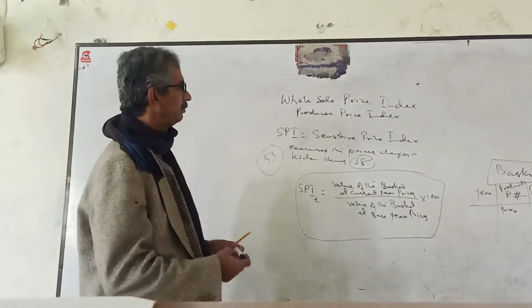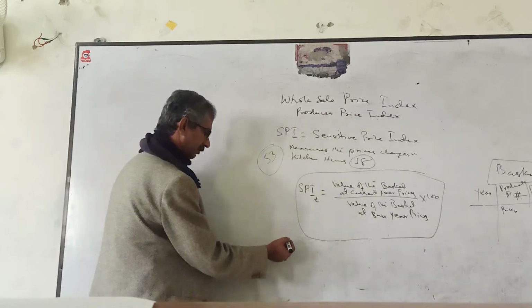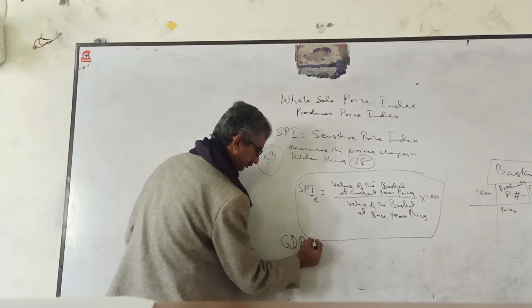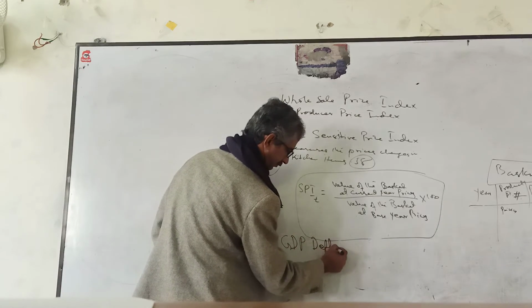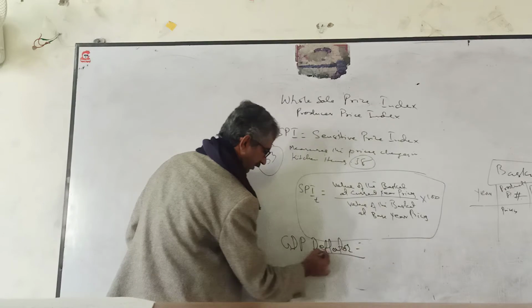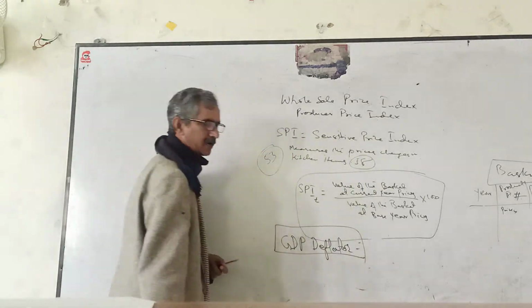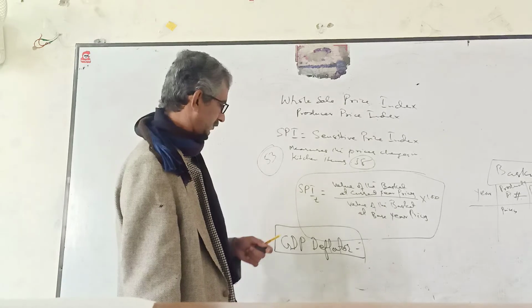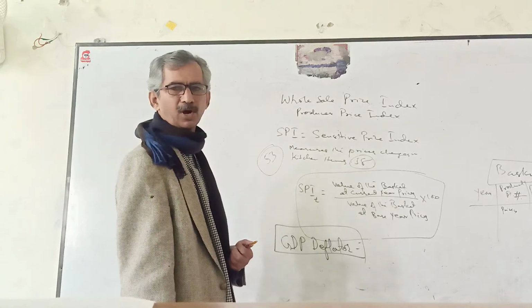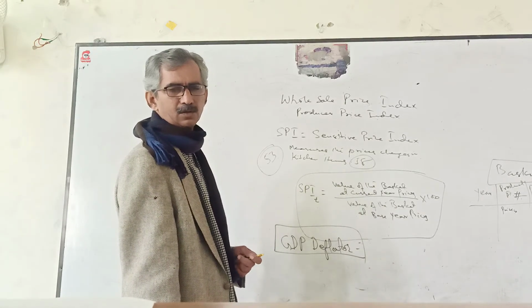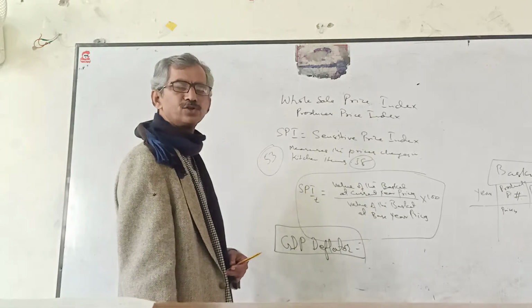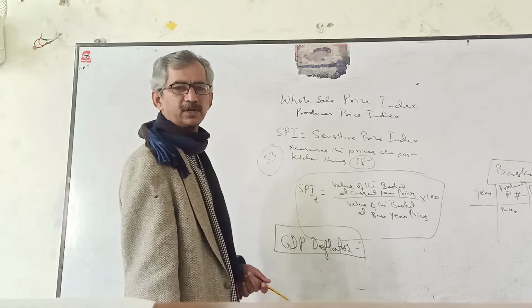Another measure of inflation is the GDP deflator. The GDP deflator is a technique or method which measures the price changes of all the items produced in an economy.